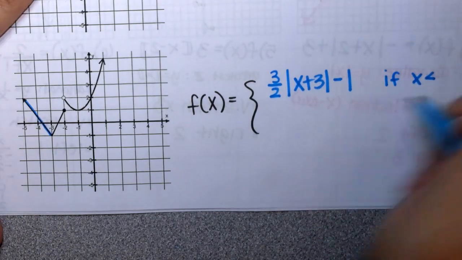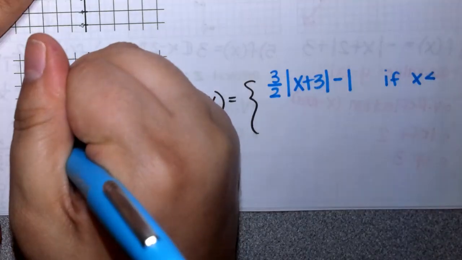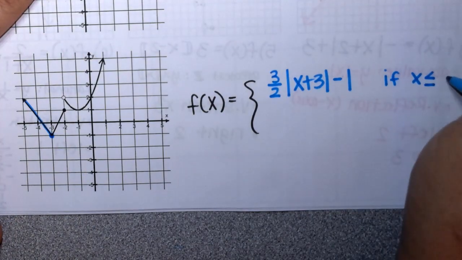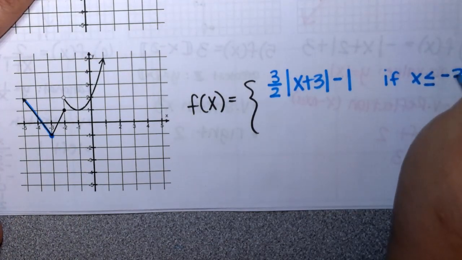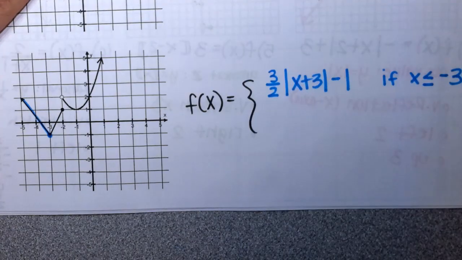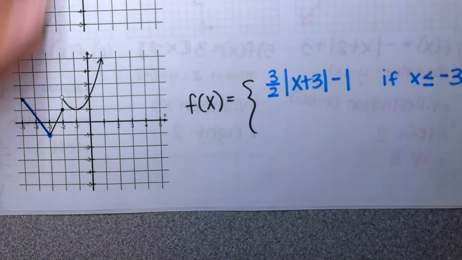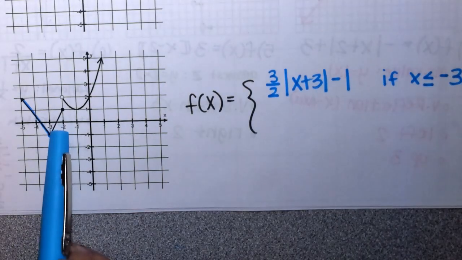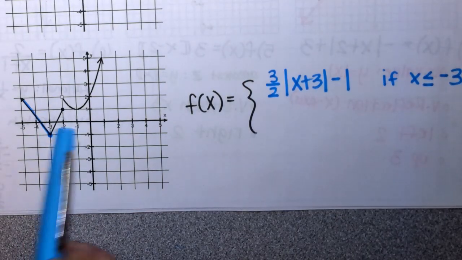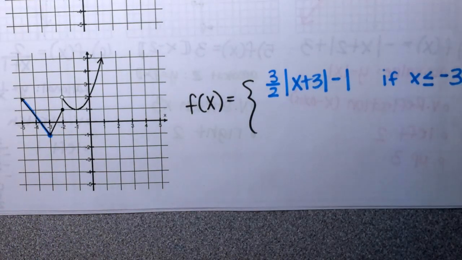But if you choose to make the blue one a closed circle, less than or equal to, what'd you say? -3? -3. Because we're just doing the blue part. Yeah, just the blue part, because the one right here doesn't have the same slope, so it's a different function.